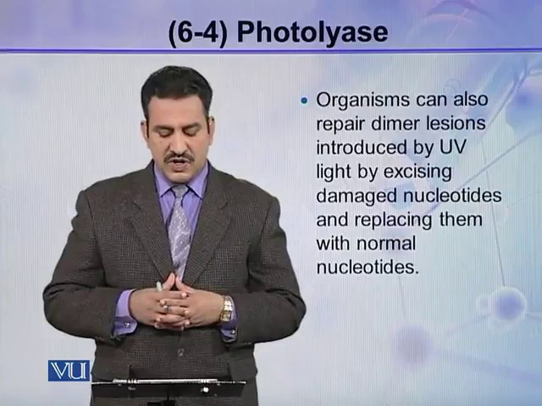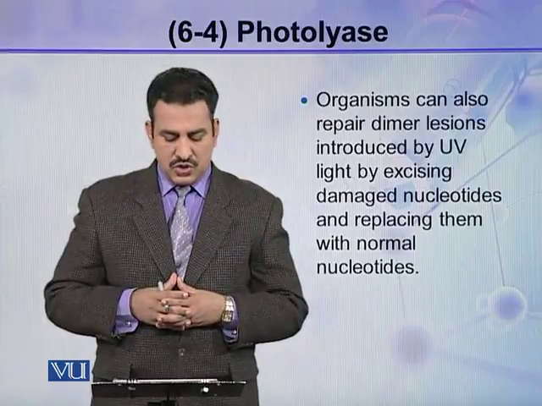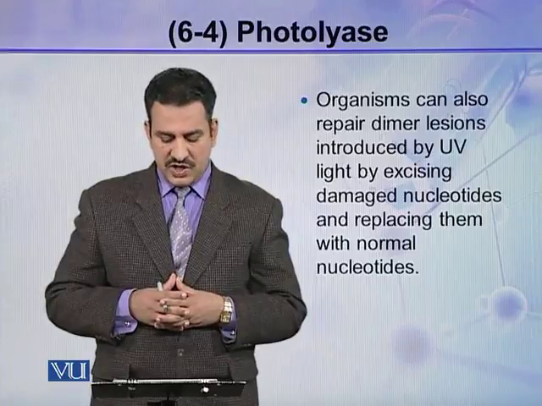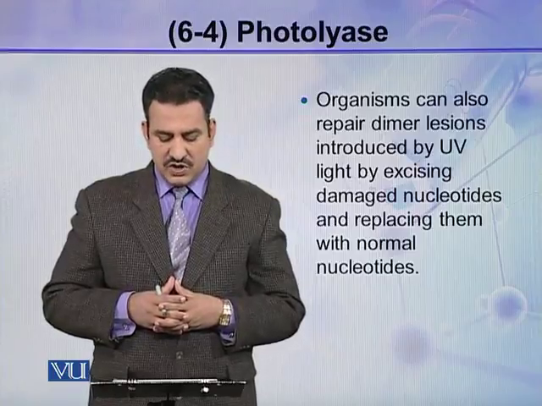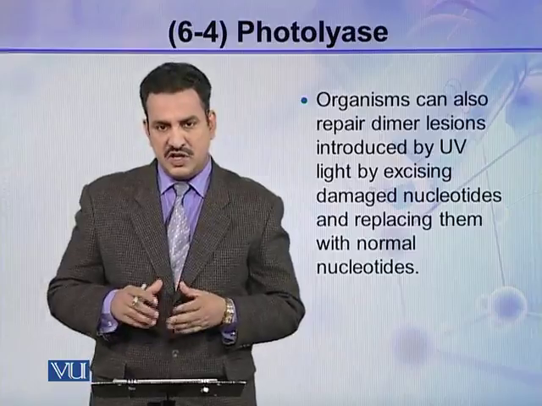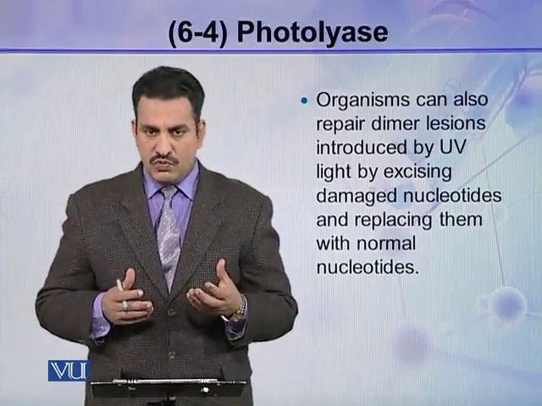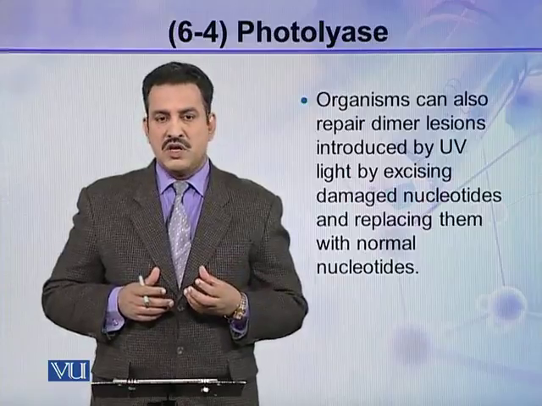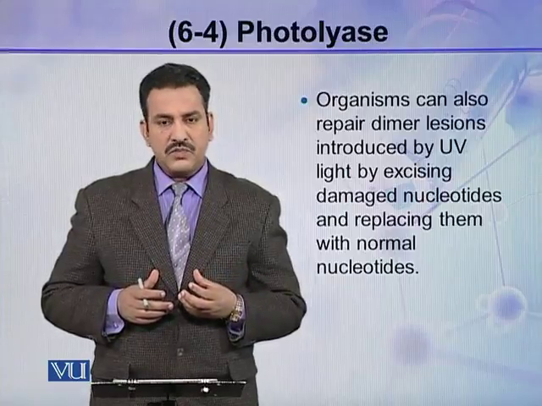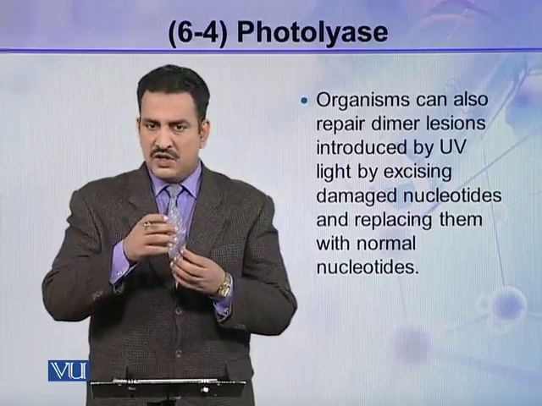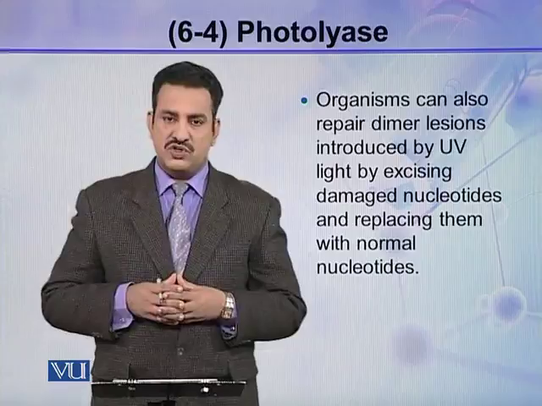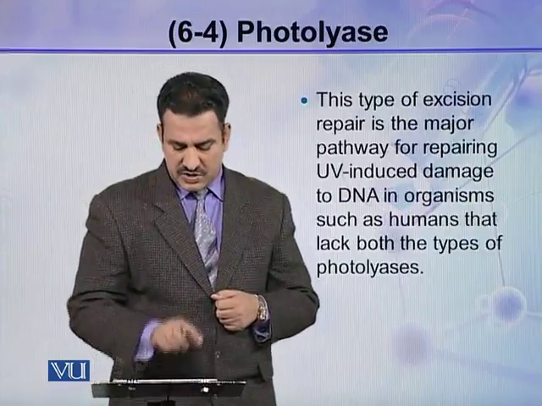Organisms can also repair dimer lesions introduced by UV light by excising damaged nucleotides and replacing them with normal nucleotides. This is another mechanism of UV damage repair. So in this mechanism, the organisms simply remove or excise the damaged nitrogenous bases.